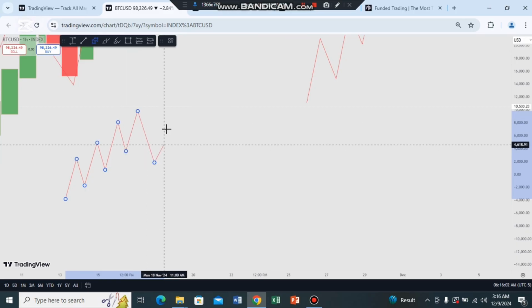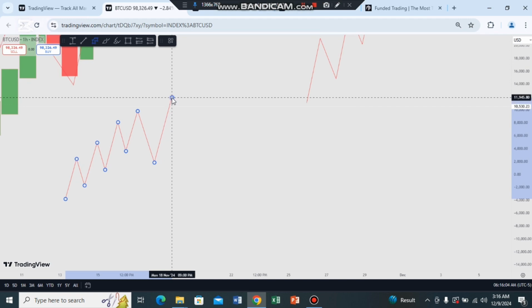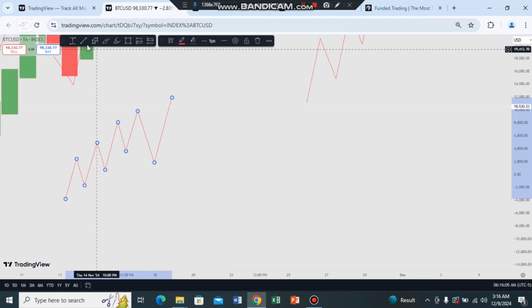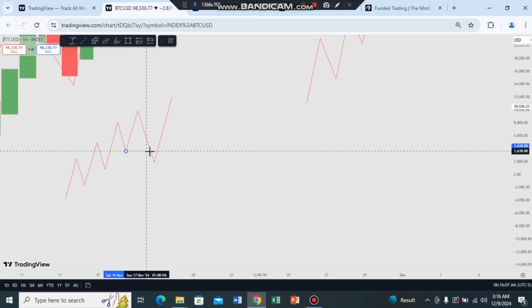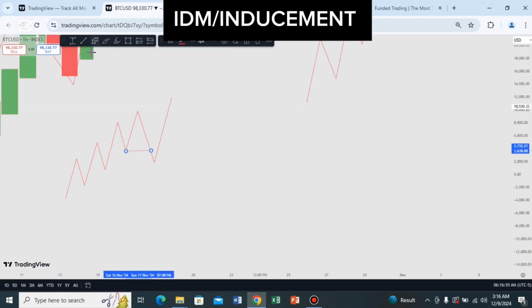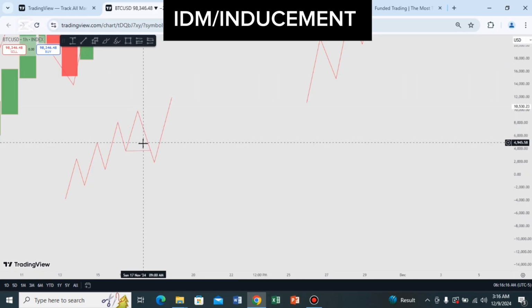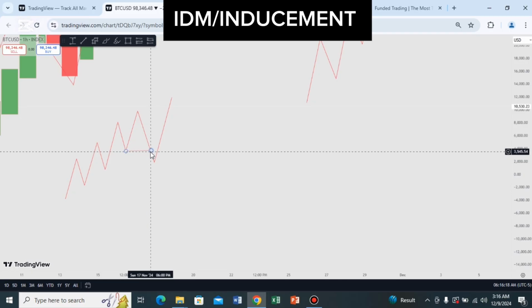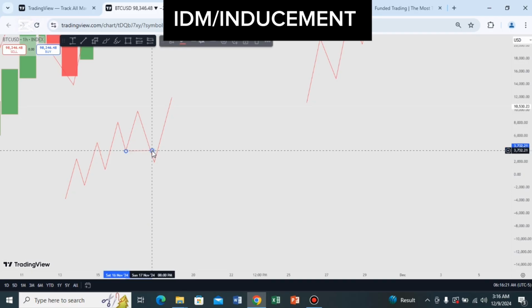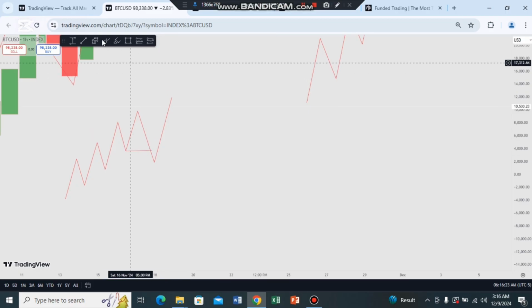Then again the price goes up and closes above this point. So in this case this sweep is called inducement, okay? Now again, you don't need these terminologies, you don't have to know this, but this is called IDM. You can name it anything, okay? You can call it a sweep. I will call it inducement.